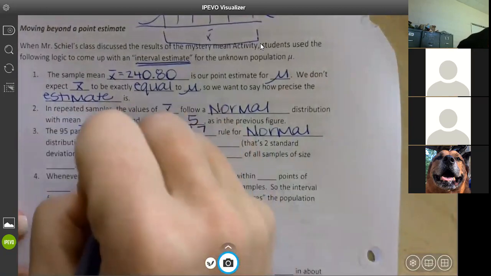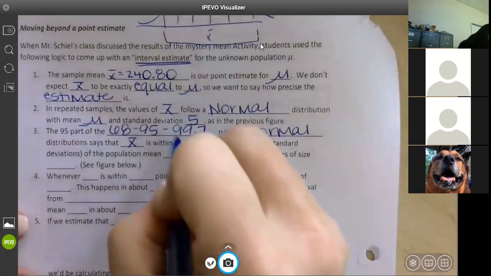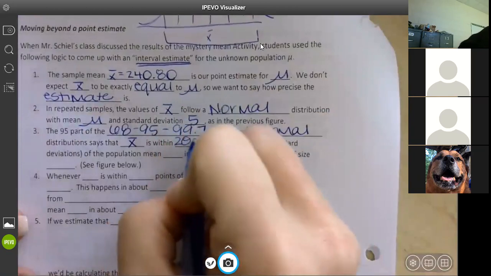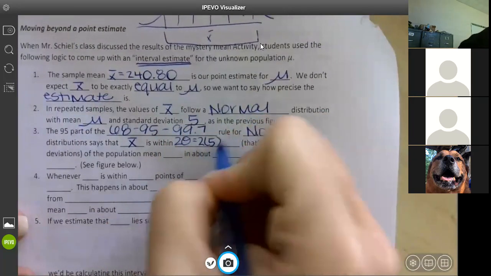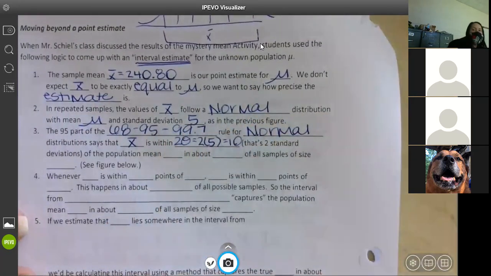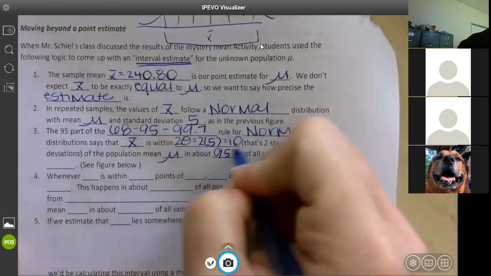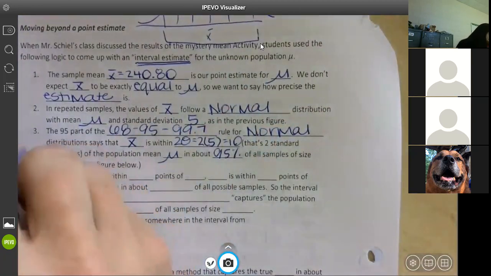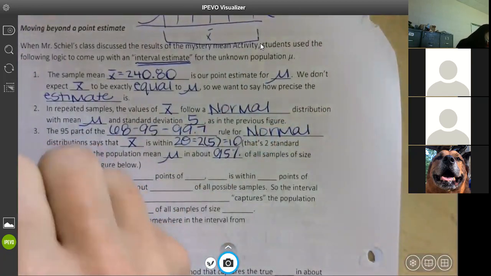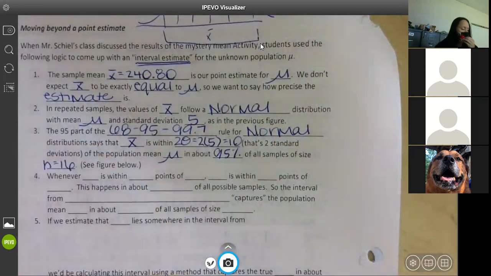For normal distributions, it says that X bar is within 2 standard deviations, or 2 times 5 equals 10, of the population mean mu in about 95% of all samples of size 16. And it says, see the figure below, and you guys can see that they just shaded it in.